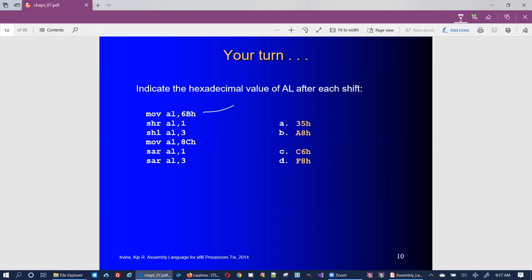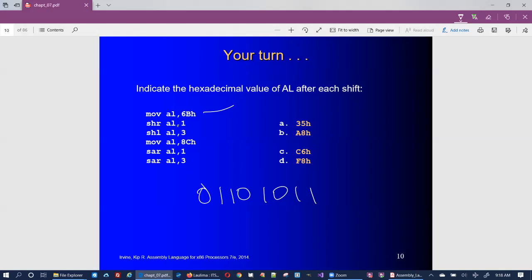we're loading into AL 6B, so that would be 6 is 0, 0, 1, 1, 0, and B is 1, 0, 1, 1.